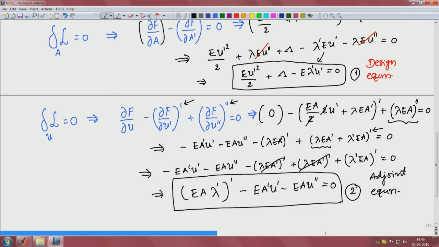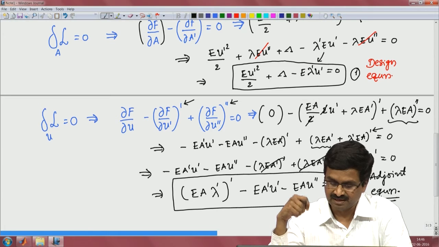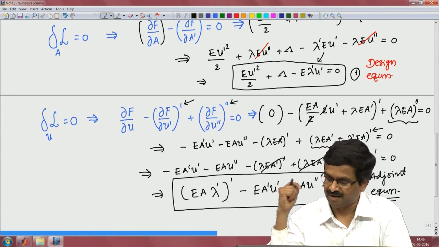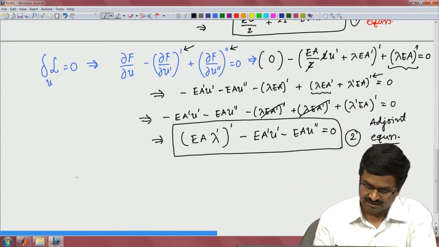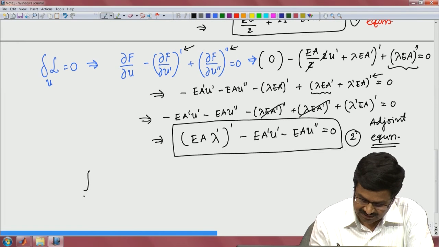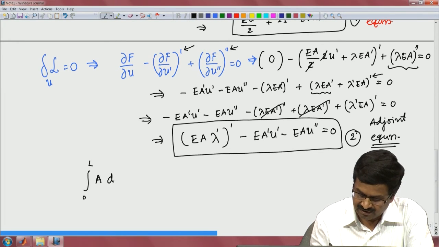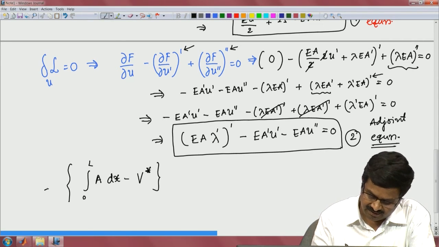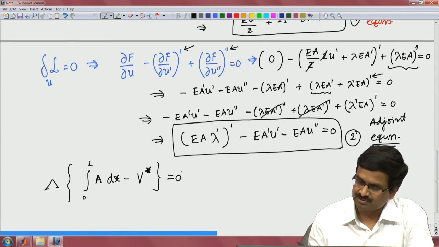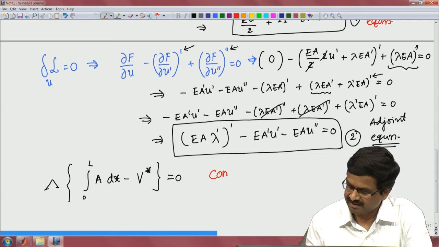So when we go back to this, this is the adjoint equation. We have two equations, and our unknowns are a of x, u of x, lambda of x and capital lambda also. In addition to this, we have the equation integral 0 to L a dx minus v star, with the corresponding multiplier, equal to 0, which is what we called the complementarity condition.